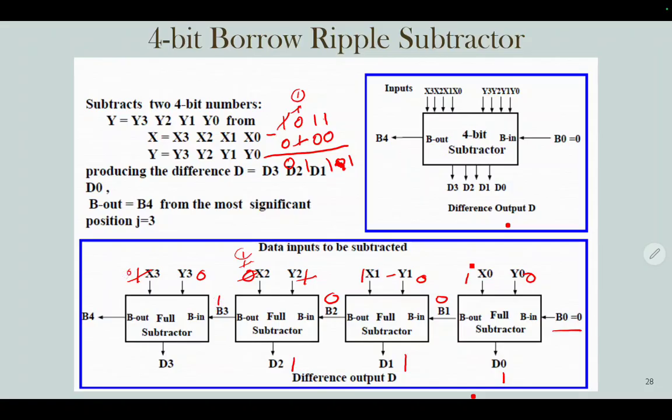Then 0 minus 0 equals 0, nothing to borrow over here. So the output is 0 1 1 1.